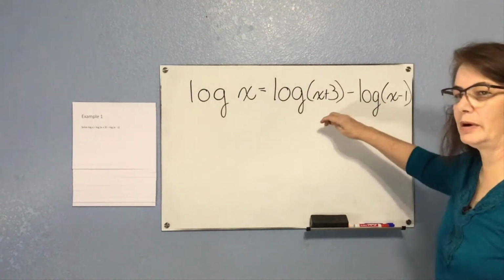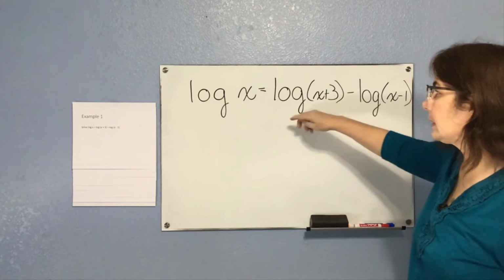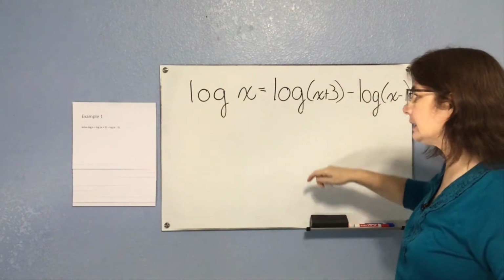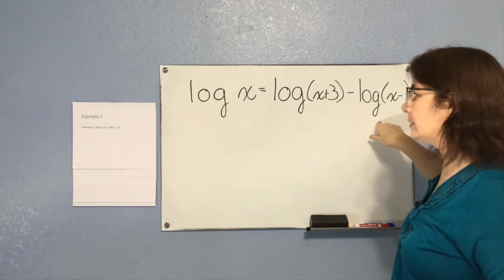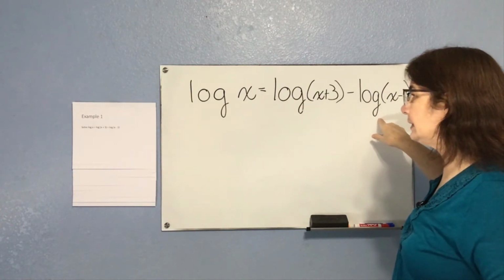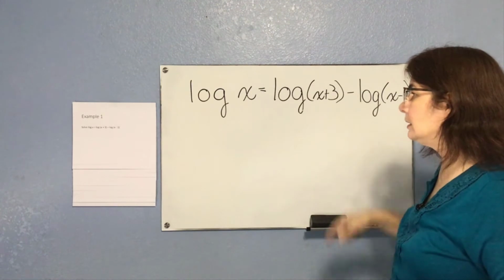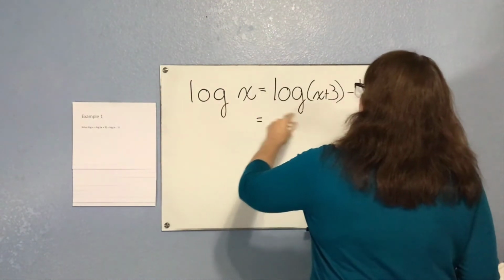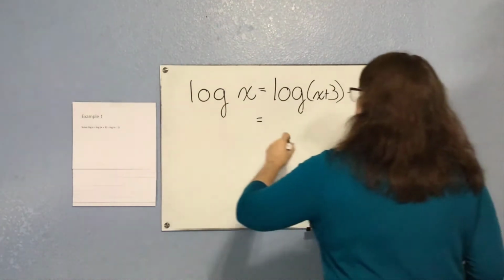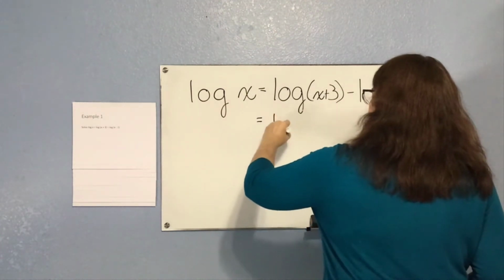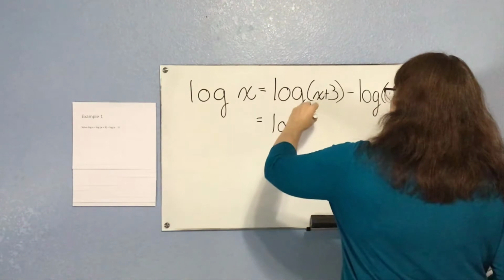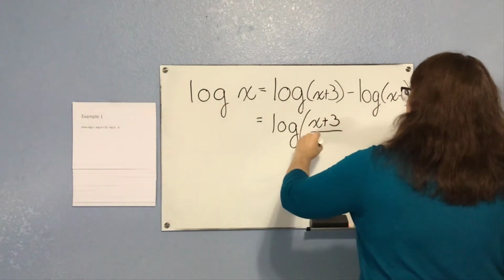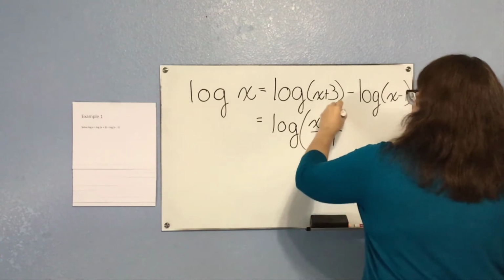Okay, now in this equation, I have the same base. There's no base specified, so it's base 10. But I have two logarithms on this side, so I need to combine these two before I can solve the equation. So we're going to rewrite this part using our rules of logarithms as the log of x plus 3 over x minus 1.